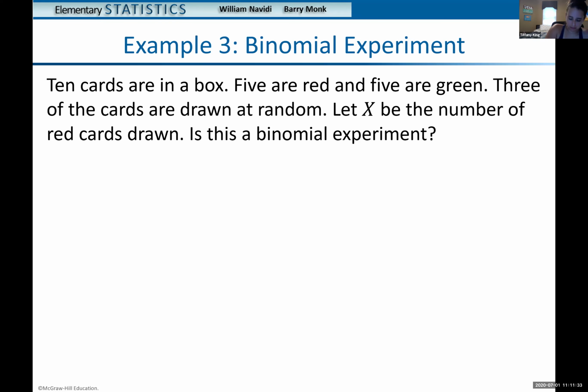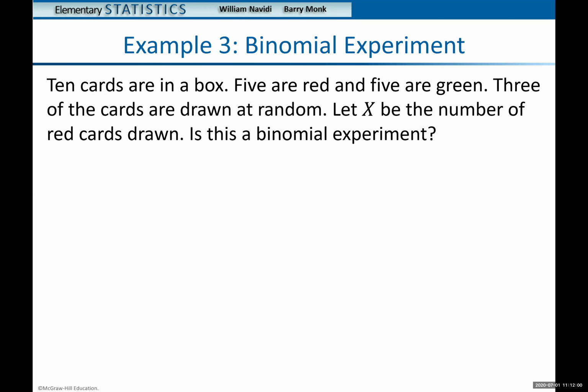No. Why not? Remember the example I gave you about the marbles, the blue and green. Here you have red and green cards.